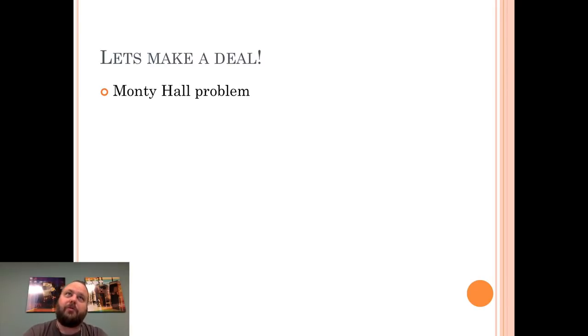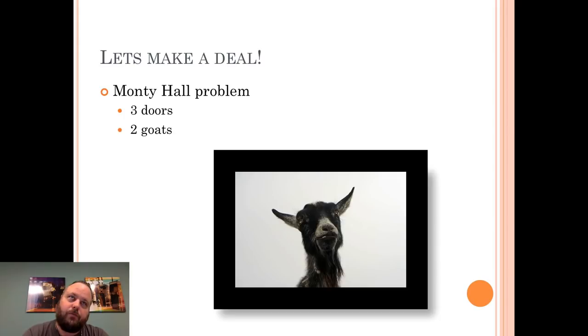So there would be 3 doors on stage. Behind them would be either one of 2 goats or a car. So 2 doors contained goats and 1 door contained a car.